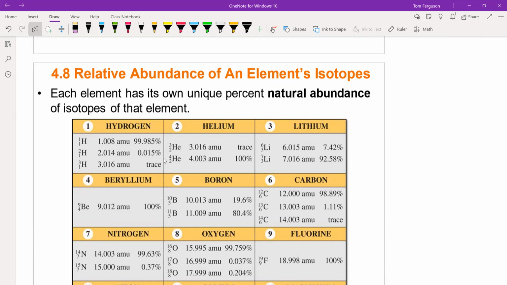If you look up carbon, carbon 12 is almost 99%. We have a little bit of carbon 13 and carbon 14. So the atomic mass of carbon is 12.01.